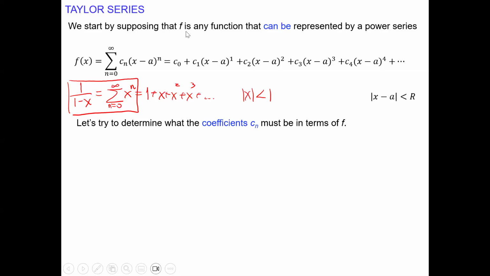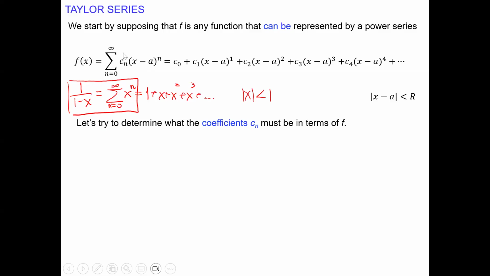Not all functions can have a power series representation, but in this video we will talk about functions that can. Broadly, this type of function is called an analytic function. All analytic functions can have a power series representation. That's why we will look at functions that have power series representation. Okay, now we can start.